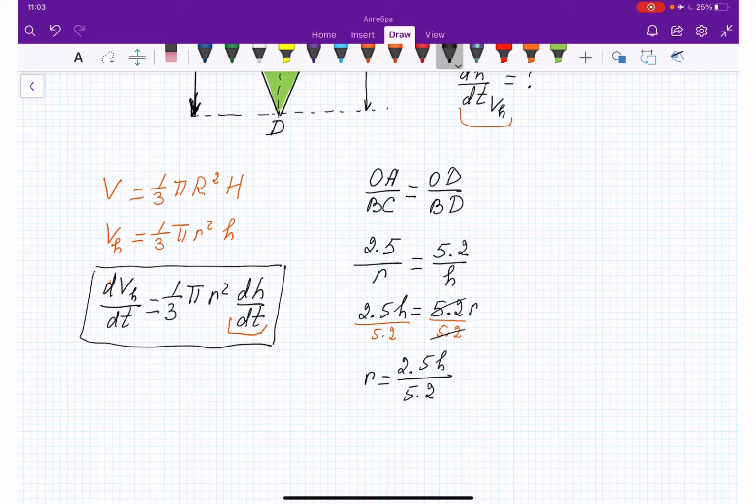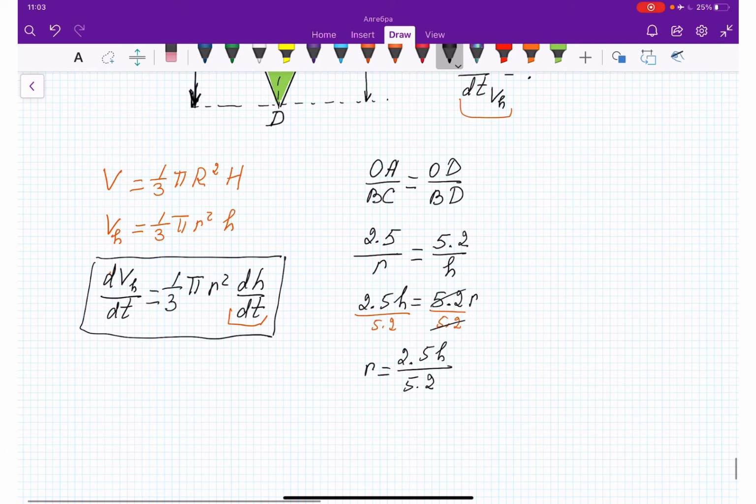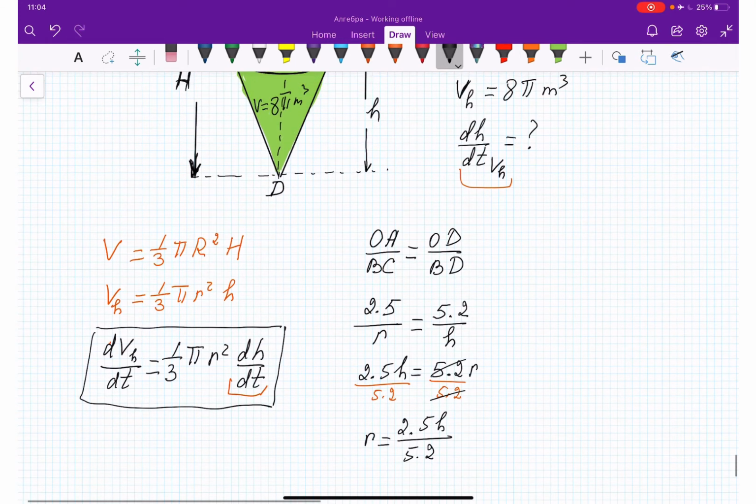Okay, so we need to know our h. How am I going to do that? Based on formula, V is equal 1/3 pi r squared h. I am given at least this volume, 8 pi. Yes? I am given that volume at 8 pi. So what am I going to do from here?